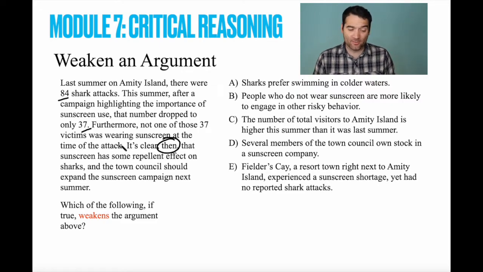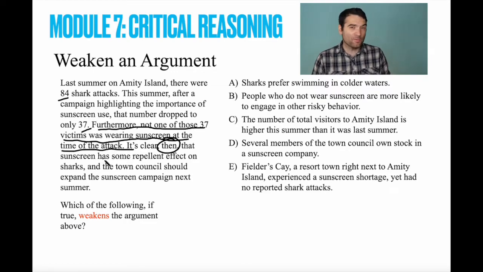I will say, though, that this piece of evidence about who got attacked and who didn't is somewhat compelling. All of the people who got attacked were not wearing sunscreen. So that's maybe a piece of evidence that we're going to have to contend with. Okay, let's just dive into the questions here.